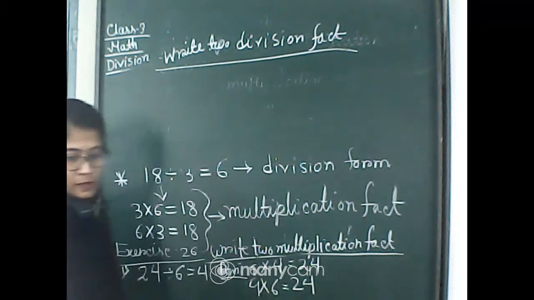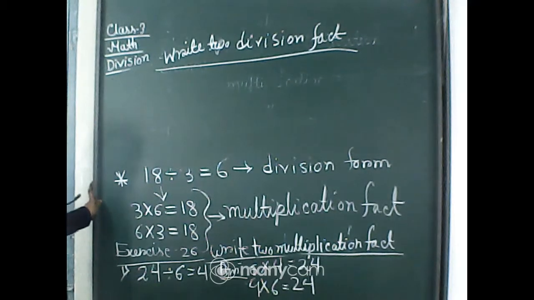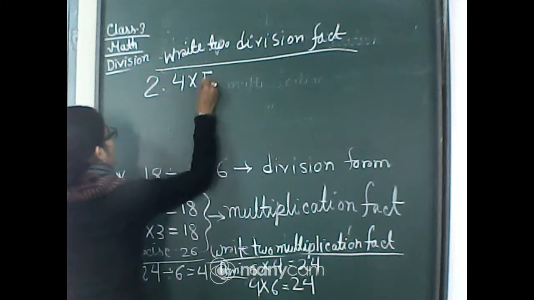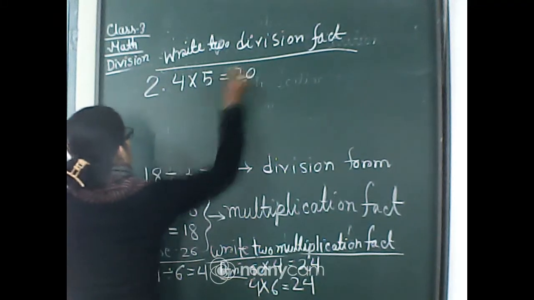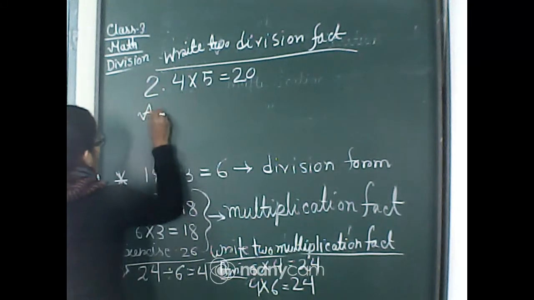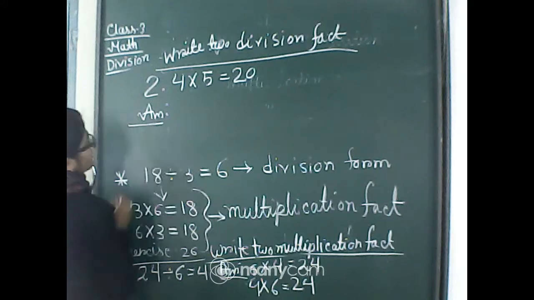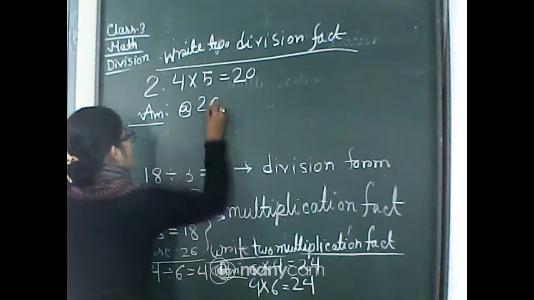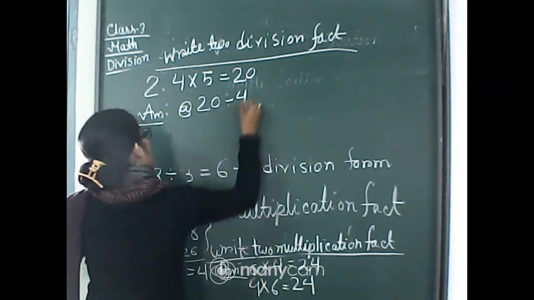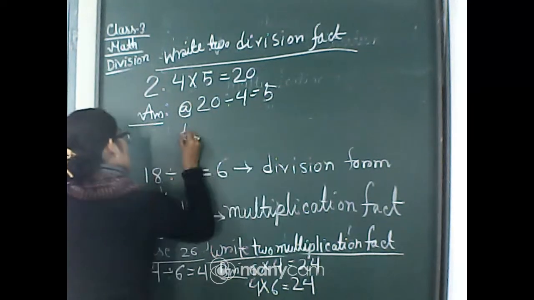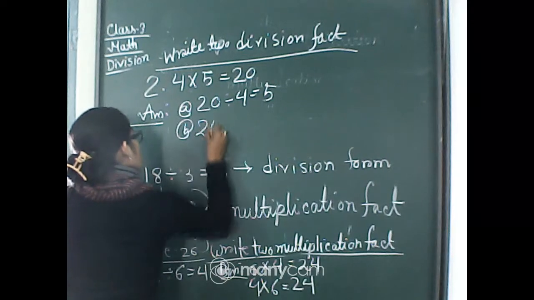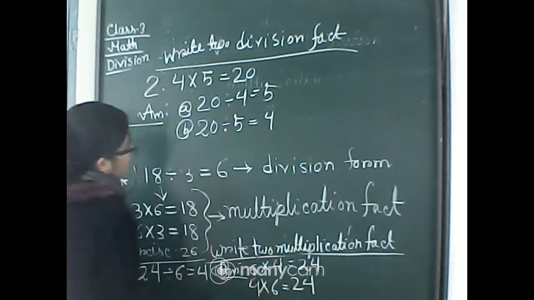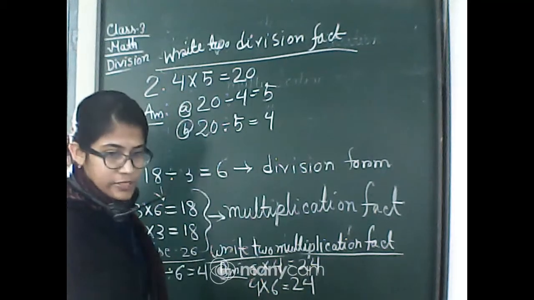Okay, so for the first example I have number 2, 4 into 5 equal to 20. This is the multiplication form. Now they tell you to write it down as a division fact. So number A is 20 divided by 4 equal to 5. Number B, 20 divided by 5 equal to 4. So these two are the division facts.